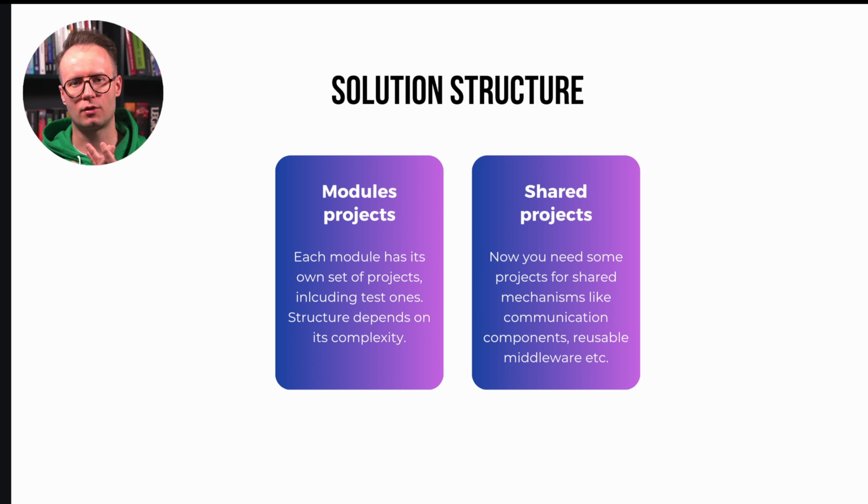Now the set of projects might be different from the perspective of the logic that is there, the complexity of it, the type of the module, because we might have a CRUD module, or we might have a module which is responsible for just generating a report, or we might have a module like contracts that is quite complex, and we know that it will grow, so the complexity of the business logic will grow there. Maybe it makes more sense to split it into several different projects like API, core, application, and infrastructure.